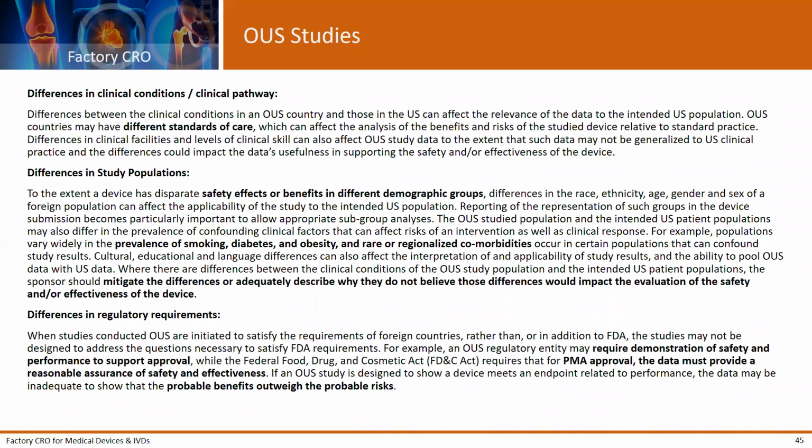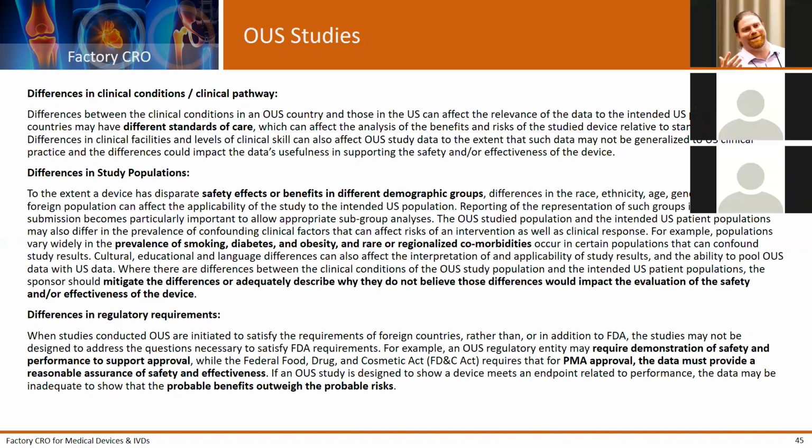I'll give an example of an intended use. It would be fixation of bone. So if you put a bone screw in a plate for a broken bone, that would be fixation. The indications would specify what bones and what population, what part of the body, is it the distal end of the bone or is it the middle of the bone? Those are some of the indications for a specific device, whereas all these bone screws would be used for fixation in some way.